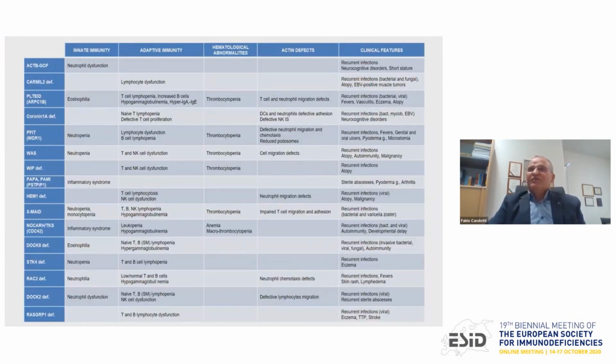So in this overview, I presented to you very quickly a series of 25 different disorders that affect different pathways of the actin cytoskeleton formation and remodeling.